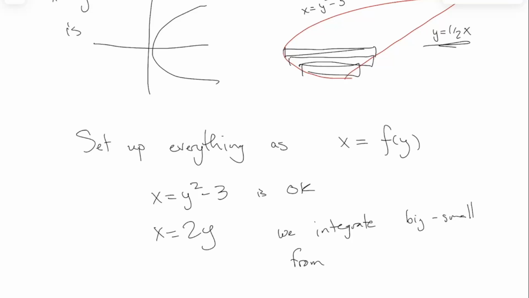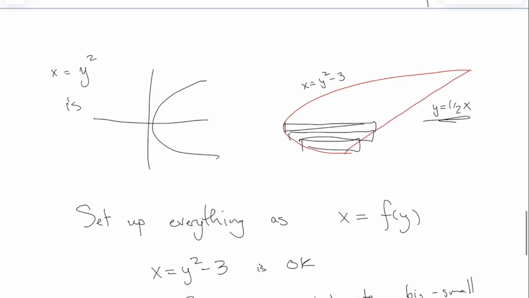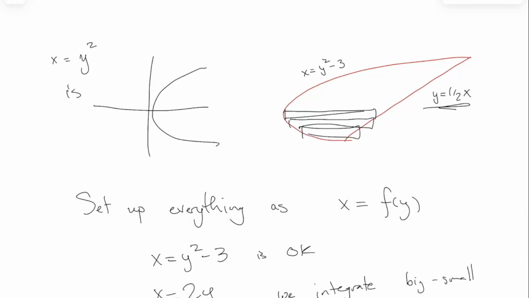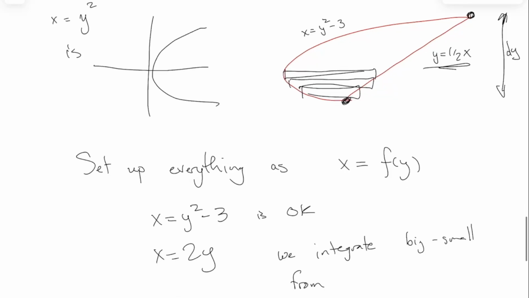Usually we go from x equals a up to x equals b, but I'm doing everything sideways in terms of y. That means the endpoints here would be the y values at the bottom and at the top, because everything is being done in this direction. I'm going to write my integral as a dy. And the dy starts at that point at the bottom, and it goes all the way up to that point at the top.